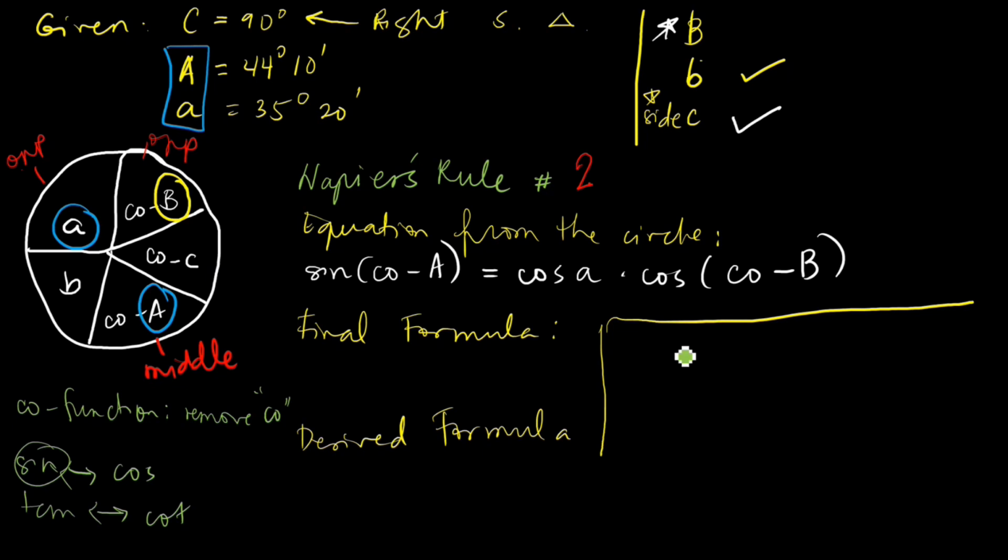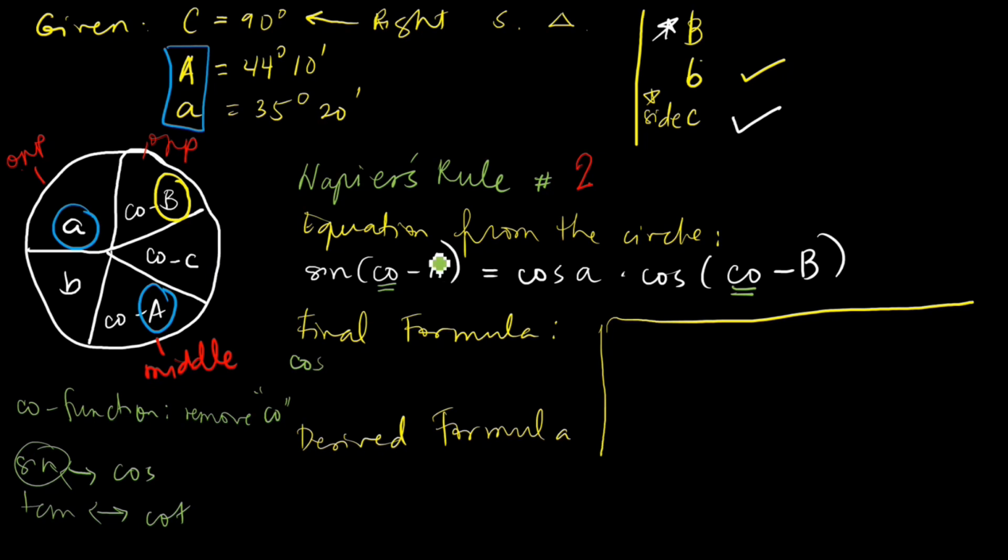Next, for the final formula, we need to remove the CO using the cofunctions. Okay, so sine of the complement of angle A, remove the CO. So sine will be replaced by cosine.